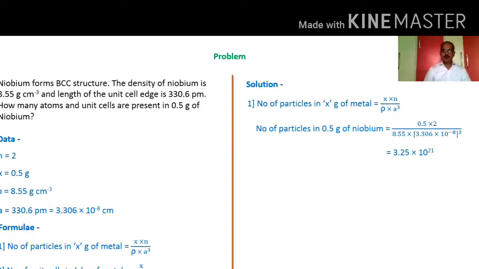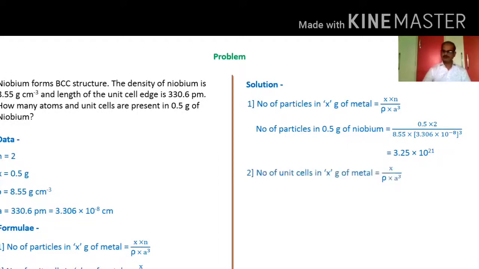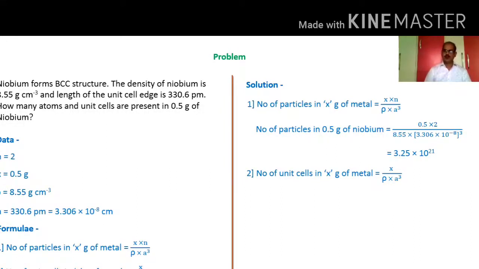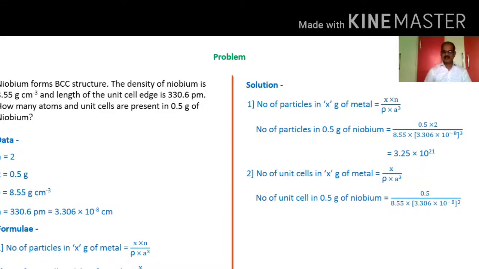So the number of atoms in 0.5 grams of niobium is 3.25 into 10 raised to 21 atoms. Now let us calculate the number of unit cells.